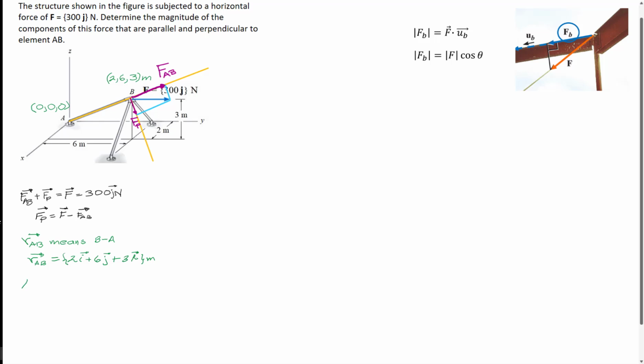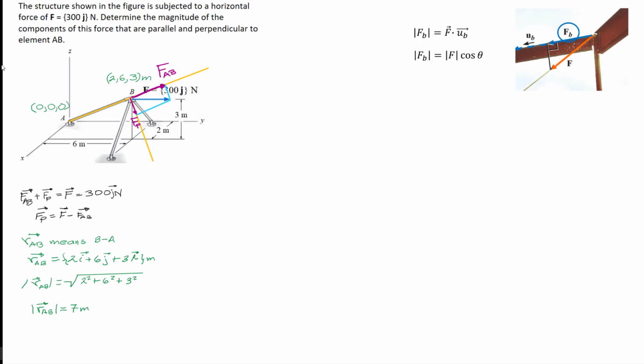The magnitude of my position vector is equal to the square root of 2 squared, summation of these numbers, 6 squared plus 3 squared. Then my magnitude is equal to 7 meters.